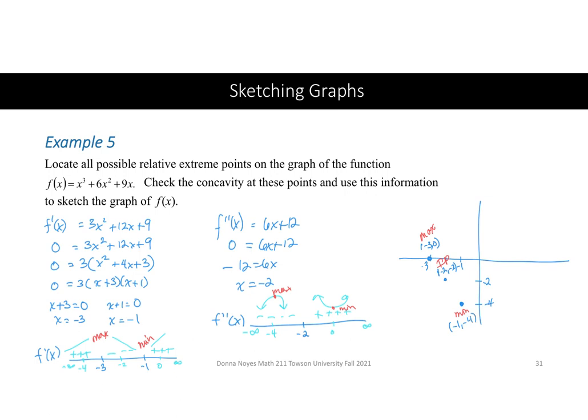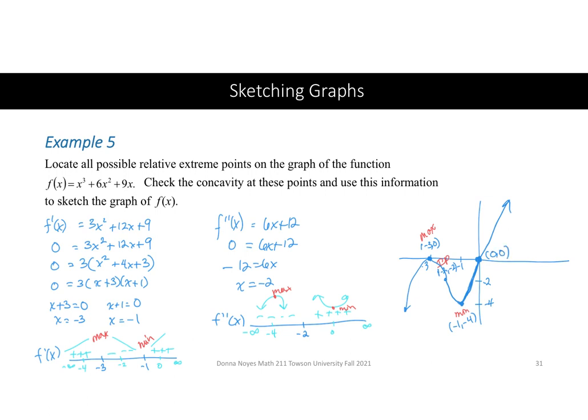So our graph is going to have a local max here, we concave down, and then switch to concave up, have a min, and then it's going to come back up, believe it or not, through 0, 0. Not that I drew this curved as well as I should have. Not the best artist, sorry. We've got our y-intercept here of 0, 0.